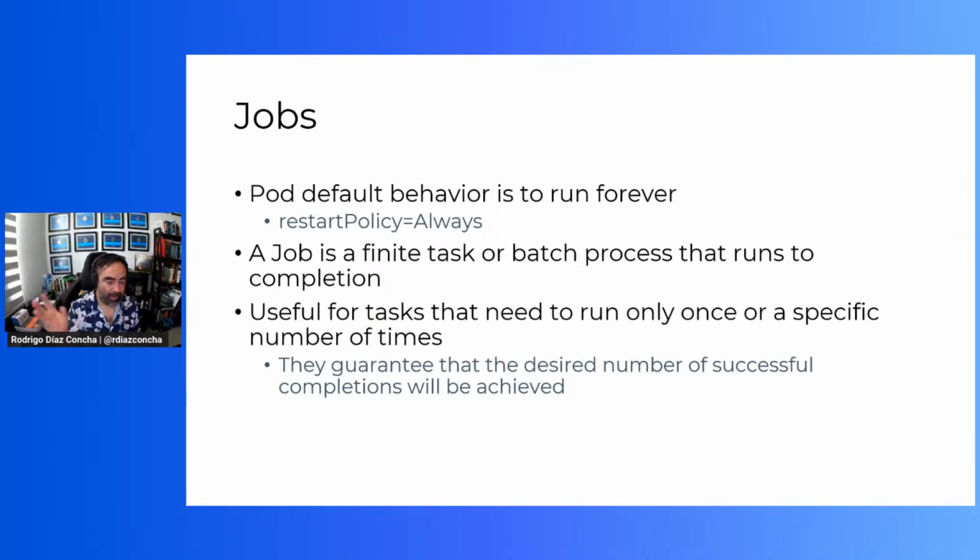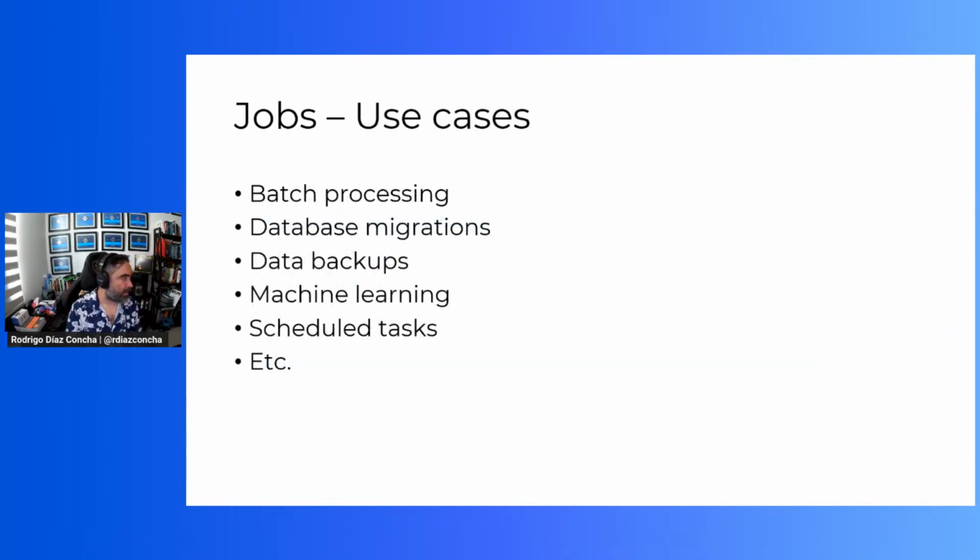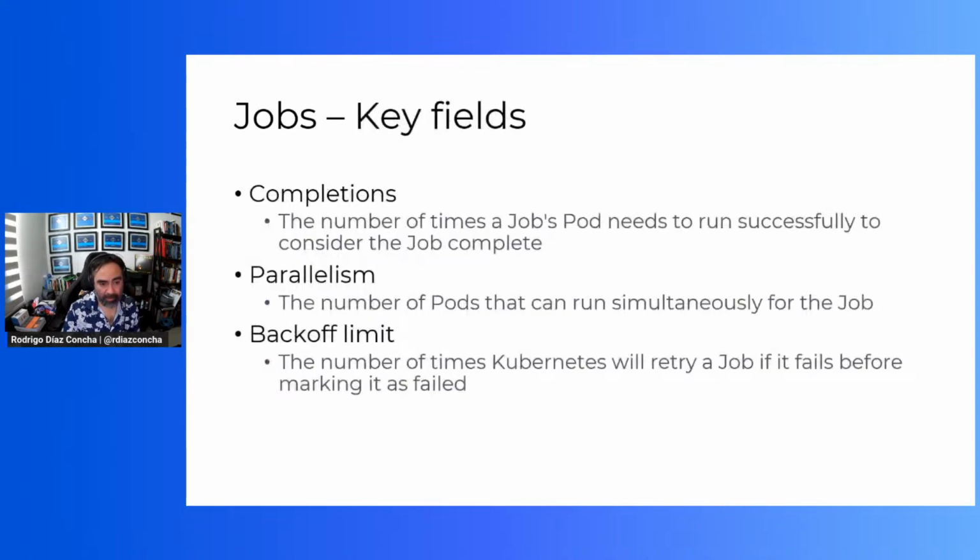So you have this logic that you need to run regardless of the time it'll take. There are many use cases for jobs, such as batch processing, database migrations, data backups, machine learning, scheduled tasks, and so on. We described some of the key fields for jobs.